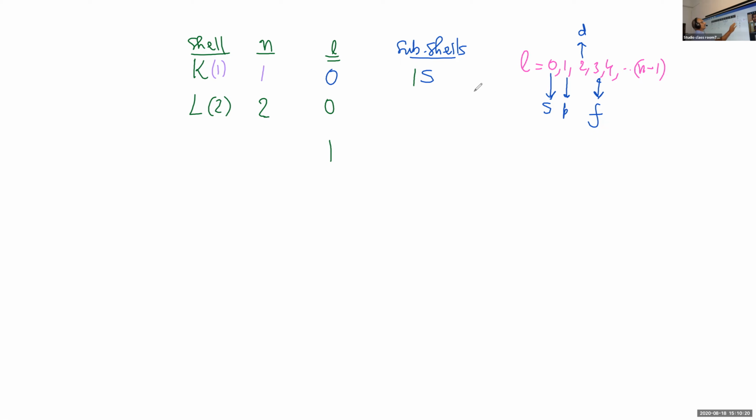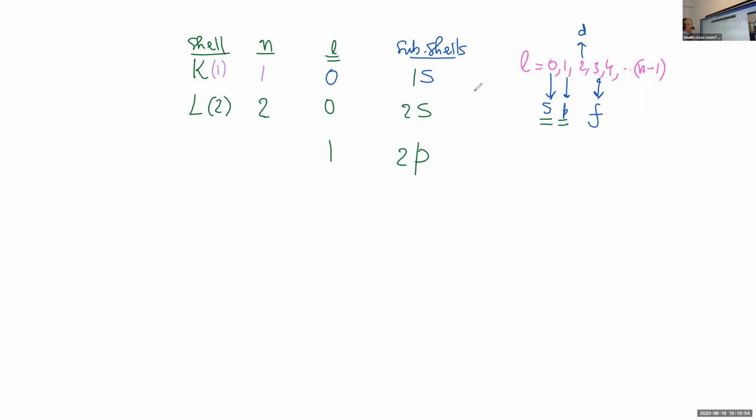If it is 0, it is S. And if it is 1, then it is P. So, the subshells are S and P. So, here also S comes. So, we have to distinguish the S subshell of the second shell from the S subshell of the first shell. So, you write it as 2S and here 2P.